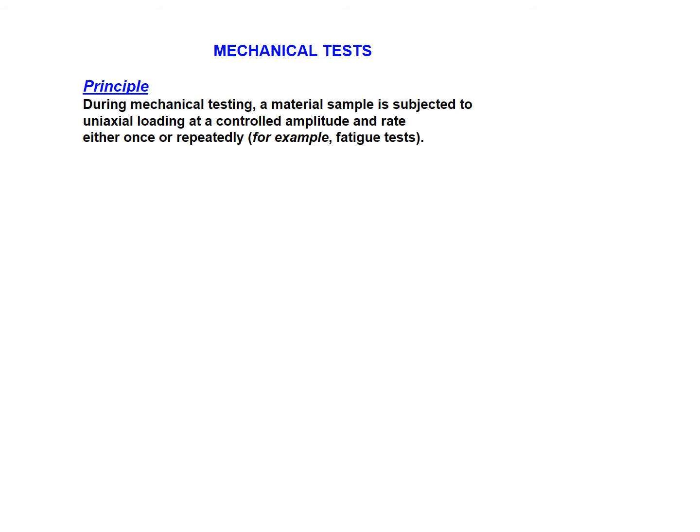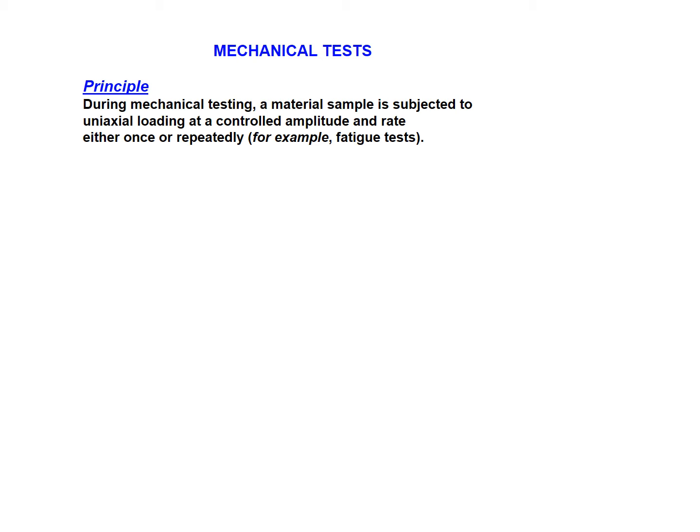The principle for the mechanical test is that during this testing, the material sample or specimen is subjected to uniaxial loading at a controlled amplitude and rate, either once or repeatedly.